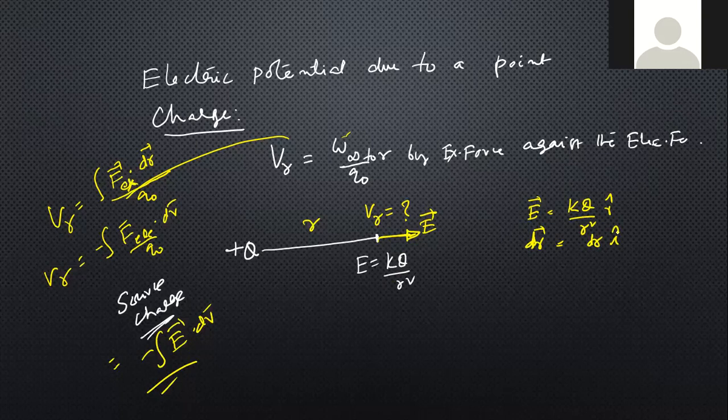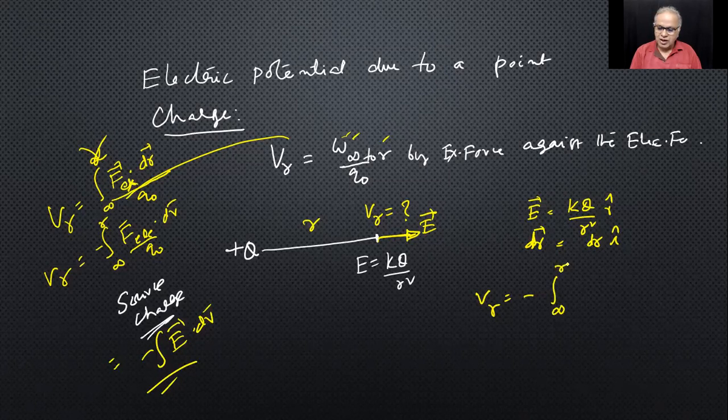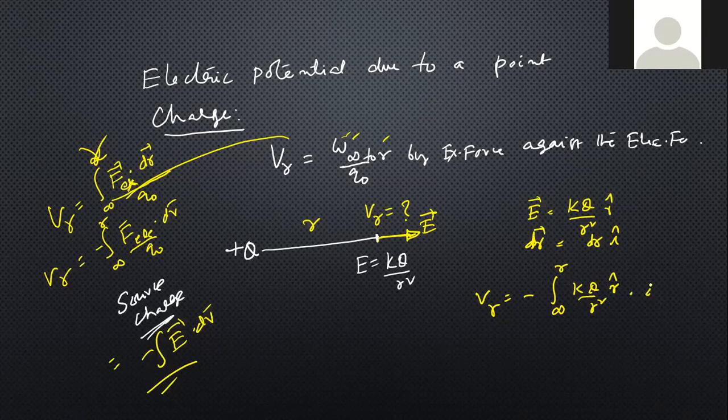So V at R should be, but what are the limits? Infinity to R, isn't it? Infinity to R, right? Okay, so V at R equals minus integral from infinity to R of kq by r square r cap dot dr r cap.